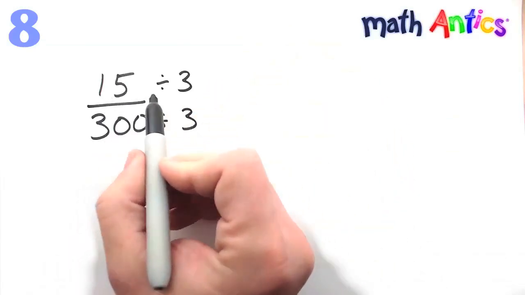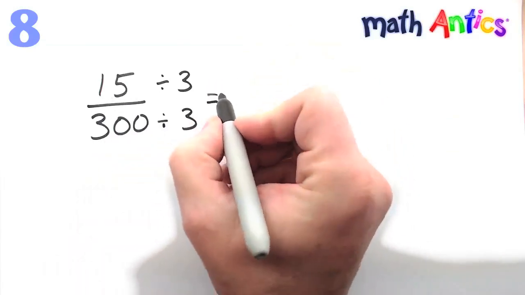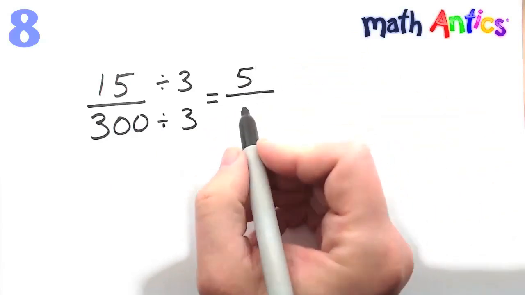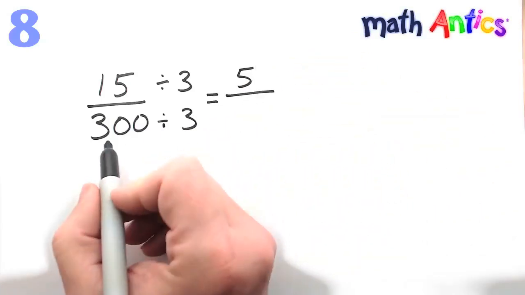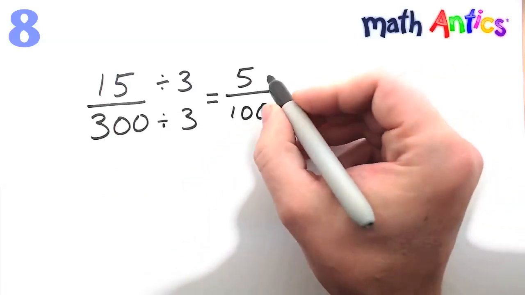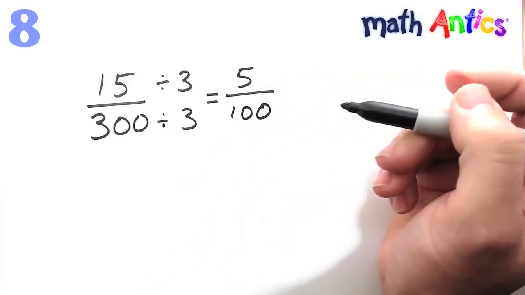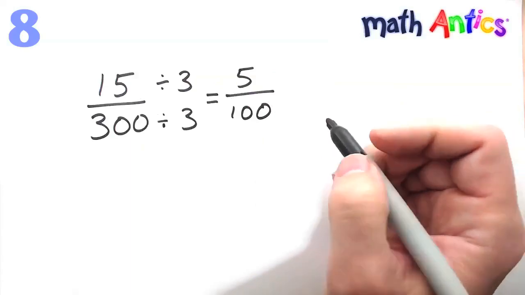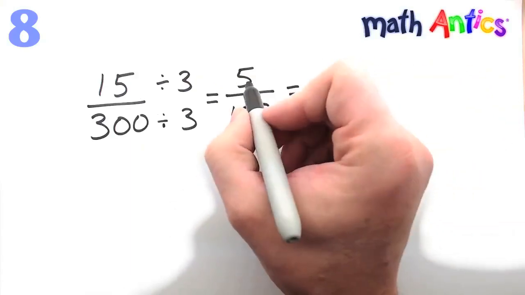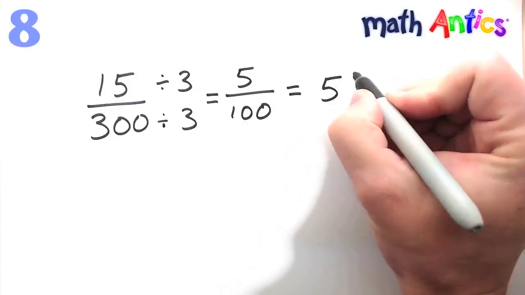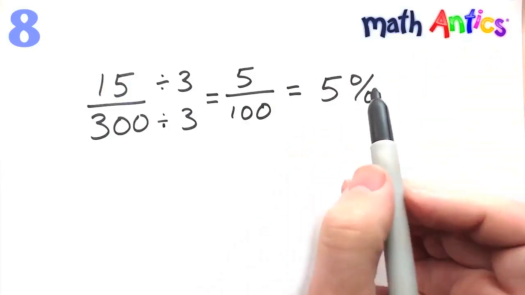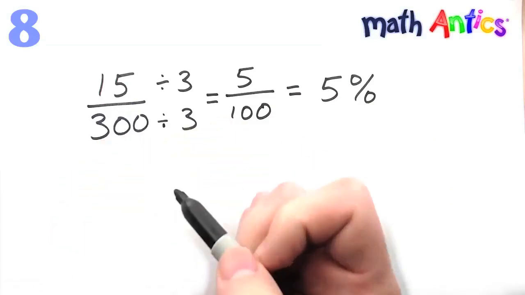All right, so 15 divided by 3 equals 5, and that's the top number of our new equivalent fraction. And then 300 divided by 3 equals 100. So 5 over 100 is equivalent to 15 over 300. Now we need to write it in percent form, and 100 is the bottom number, so our top number, 5, is the percentage. So 5% is the percent form of 15 over 300.